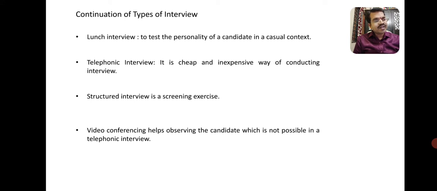I'm very glad that the Prime Minister of India, Shri Narendra Modi ji, also uses a lot of video conferencing when he tries to connect with the chief ministers and the leaders of various states across India.